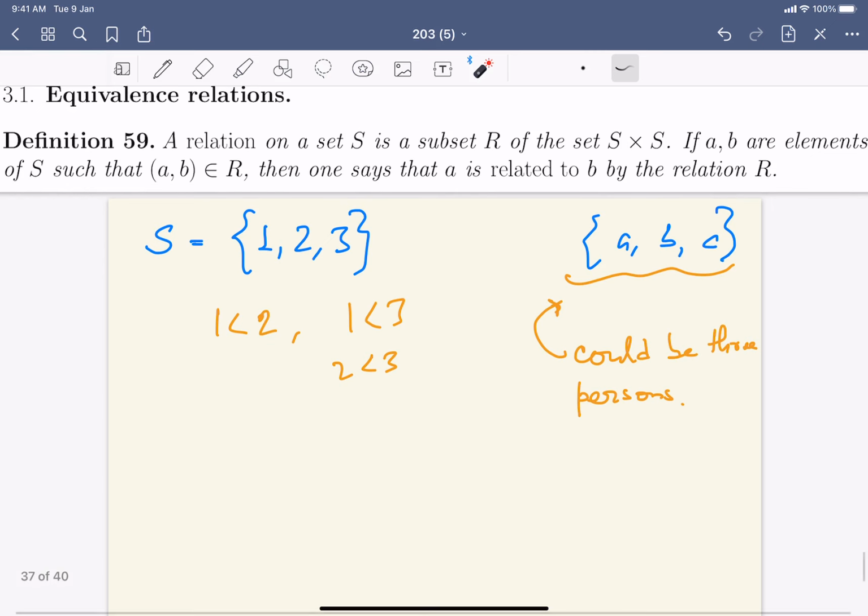So I'll speak about the notion of relation in a somewhat naive manner, and the next task would be to convince ourselves that the above definition makes the notion of relation defined in this definition 59 modeled on our usual understanding of the notion of relation.